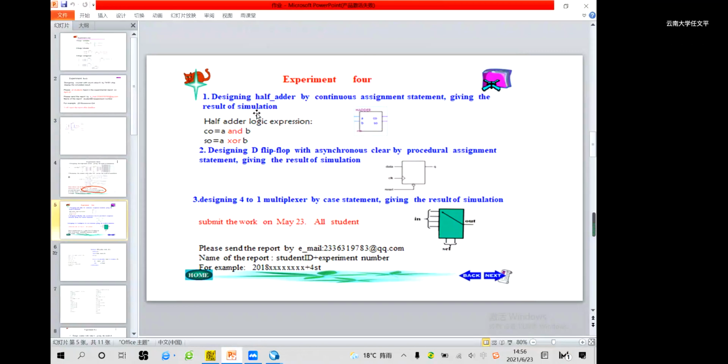It gives the simulation result. The half adder logic expressions are CO equals A AND B, which describes an AND gate, and SO equals A XOR B, which describes an XOR gate.